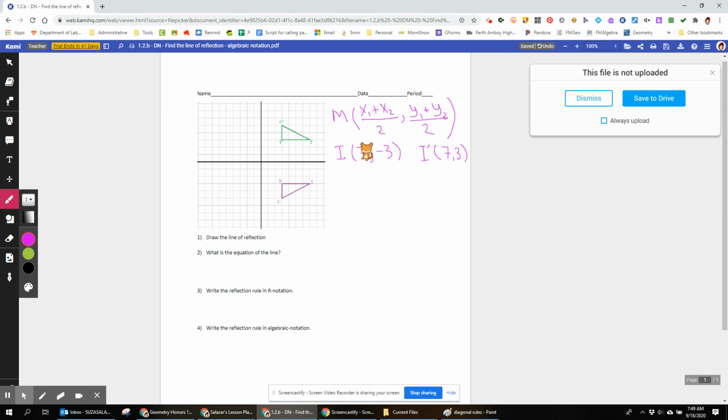So the average of the x coordinates and the average of the y coordinates.